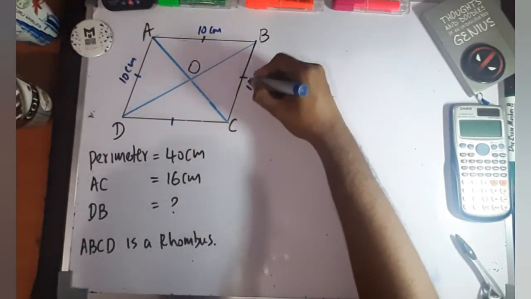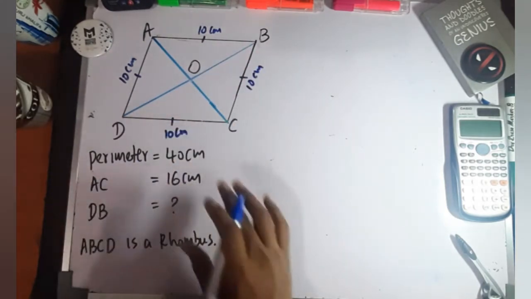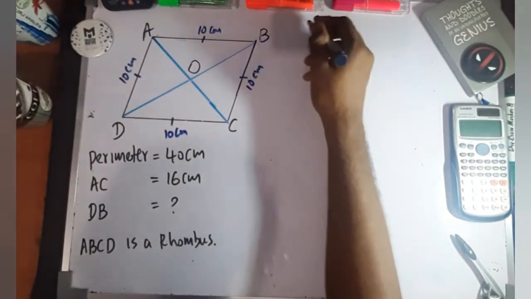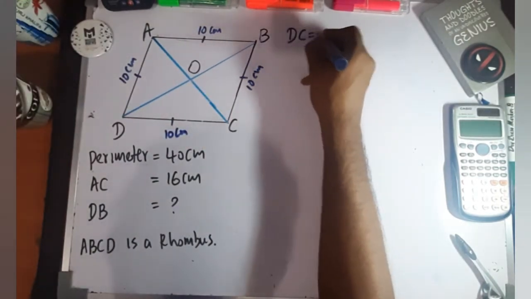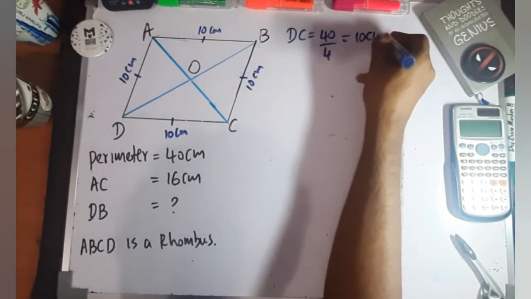So I will mark these lengths as 10 centimeters each. Now we will pick one of these to do our question. Let me pick this DC. So I'll write down that DC is equal to 40 divided by 4, which is going to be 10 centimeters.